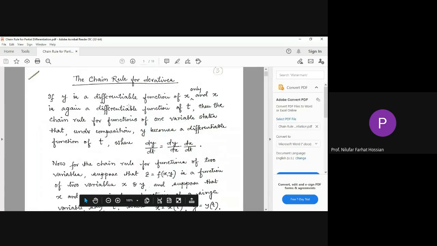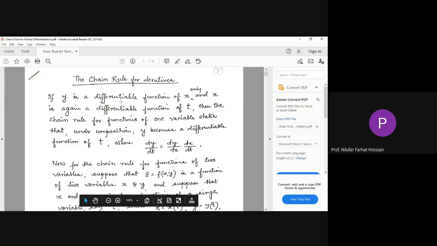At first let us consider the chain rule in two dimension. When we have only two variables, x is independent, and y is dependent on x.